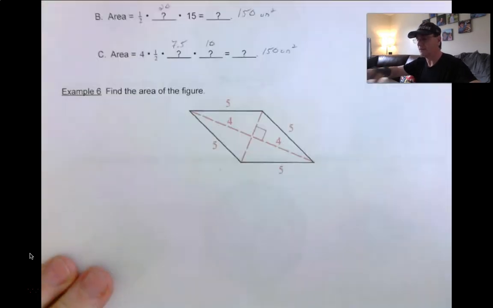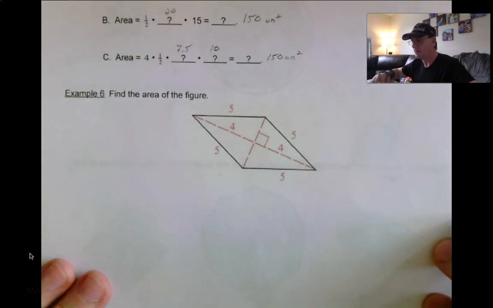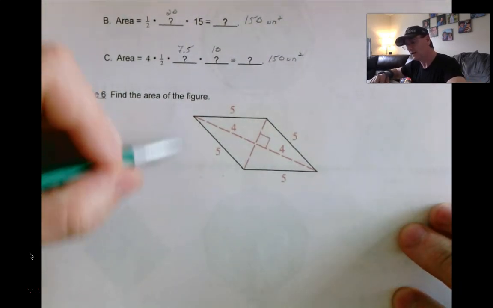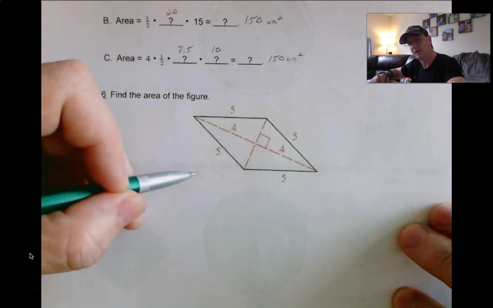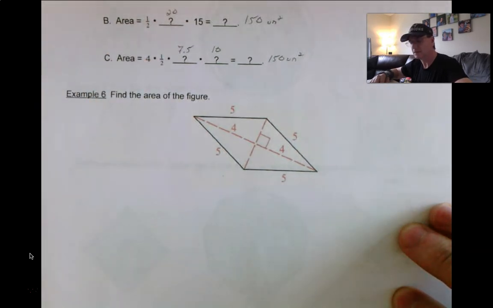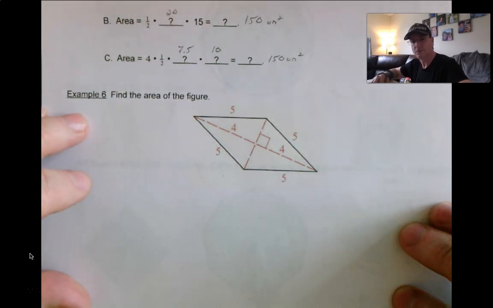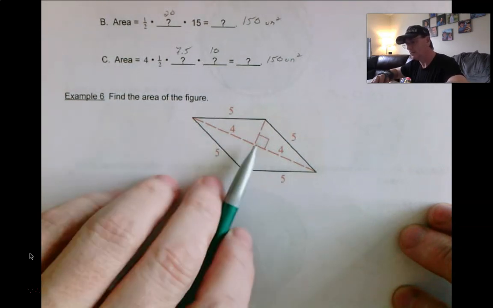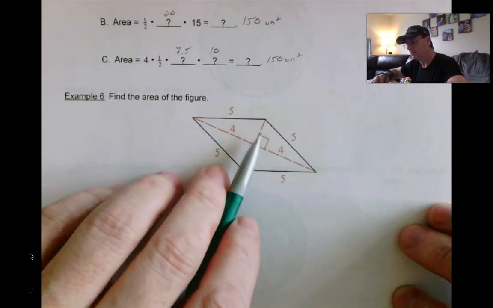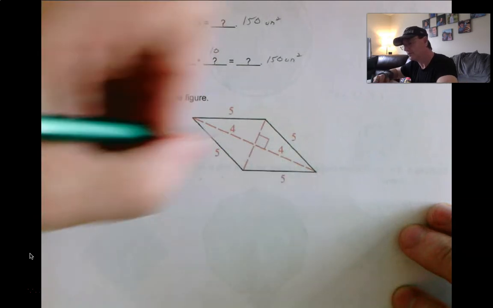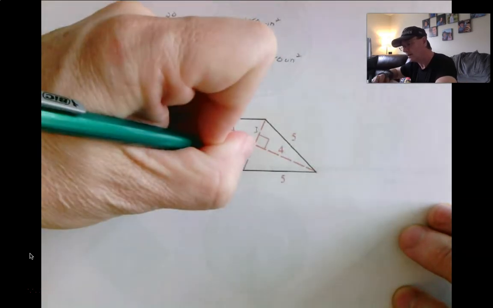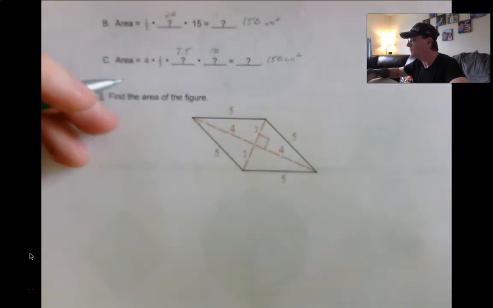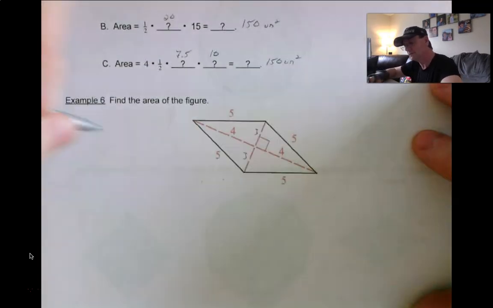Example 6. Find the area of the figure. Okay, in order to find the area of this figure, I suppose we could try to find the height of the figure out here by extending, but it's probably going to be too hard for us to do. But this is a right triangle. 4, 5. It's a Pythagorean triple. 3, 4, 5. I now know the lengths of the 2 diagonals.